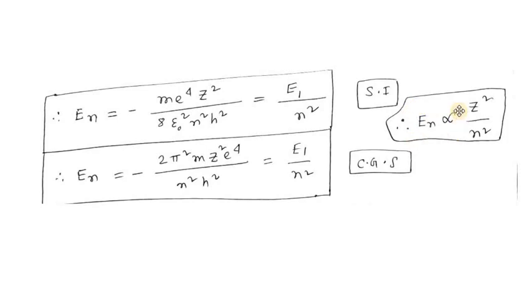Then En should be proportional to Z square by n square, because Z differs for different systems. Along with that, you multiply by E1, the energy of the first orbit of hydrogen atom, because the other parts are constant. So if you put the E1 value, you will get the energy of any orbit. This is a little bit tricky, but quite amazing.